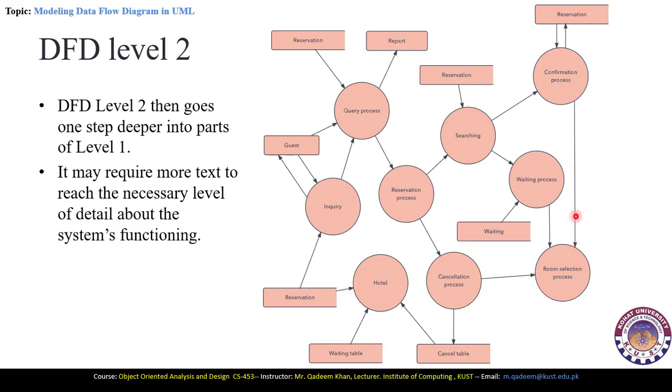So when the room is selected and the confirmation process is executed, then the reservation information will be stored in the reservation data warehouse. So these are different data warehouses which interact with the different processes in level 2 of data flow diagrams.